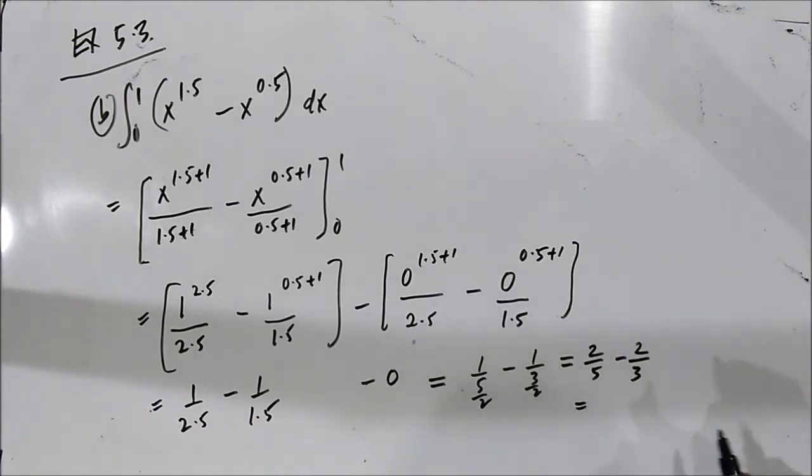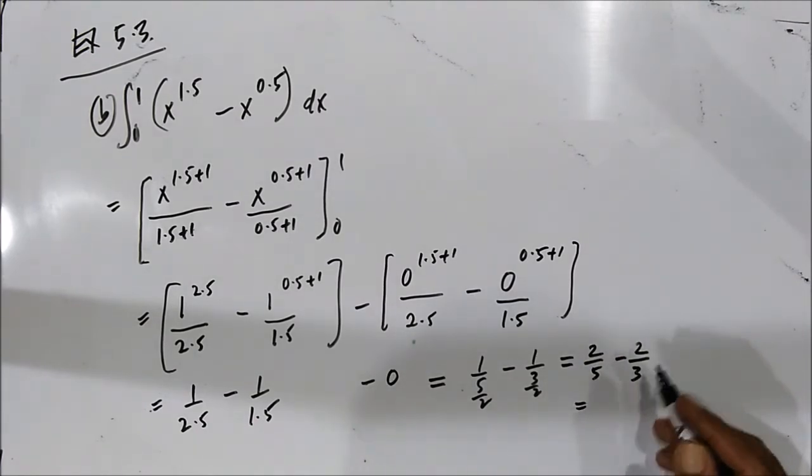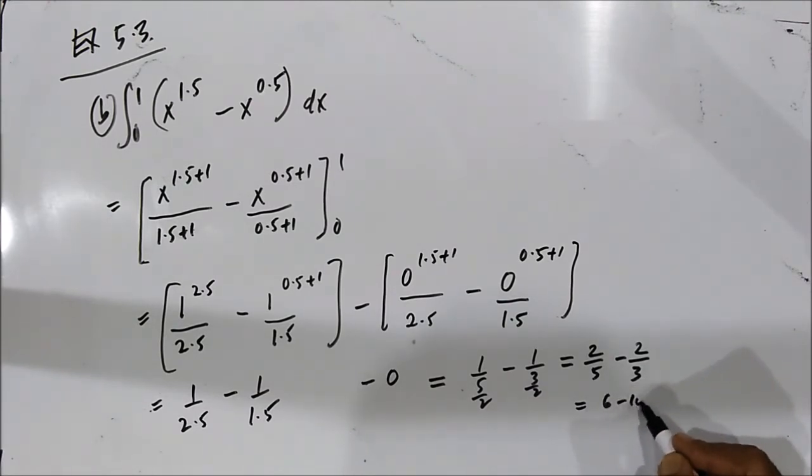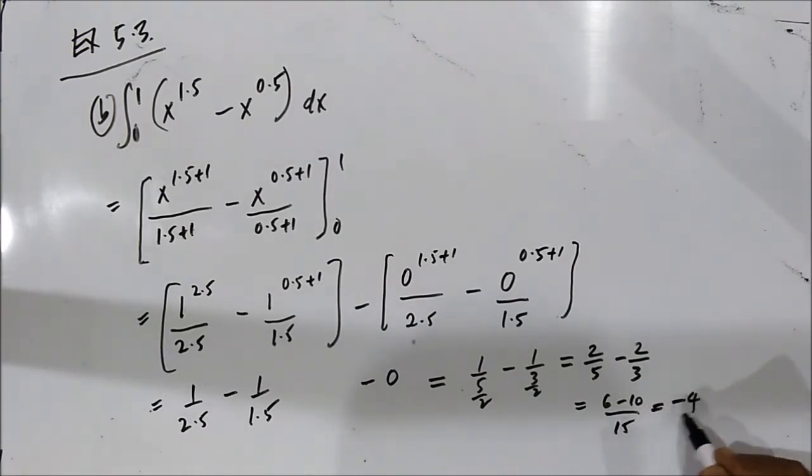So 2 over 5 minus 2 over 3 is equal to 6 minus 10 over 15, or negative 4 over 15. So this is one answer.